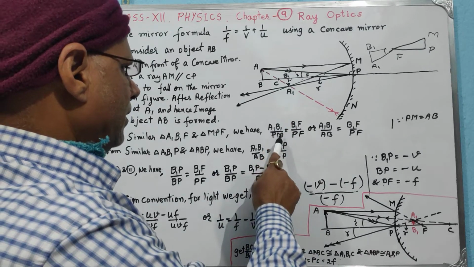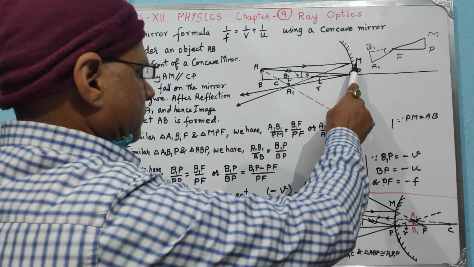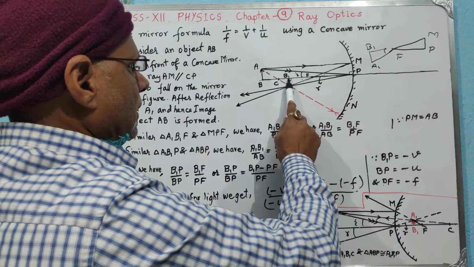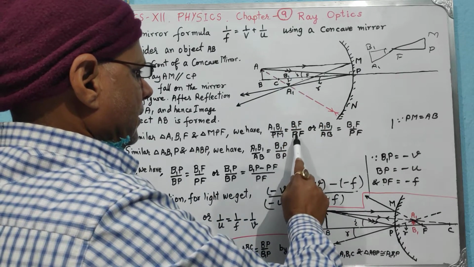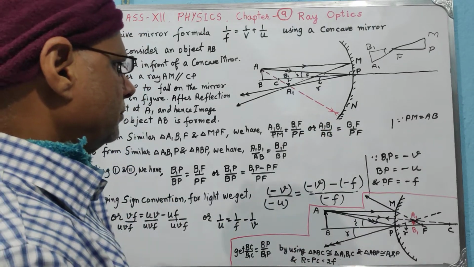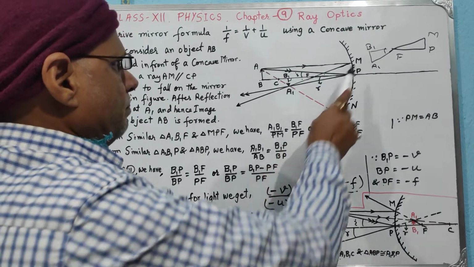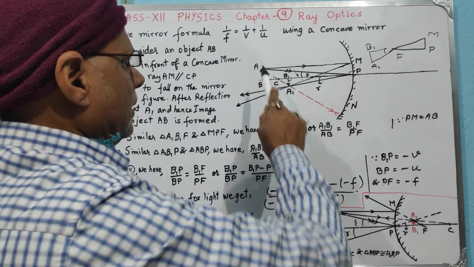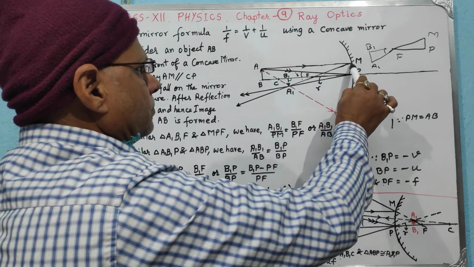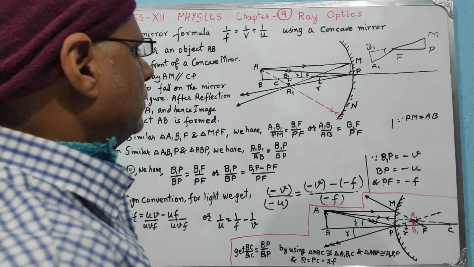Therefore we have A1B1 by PM is equal to B1F divided by PF. And as we see, PM is exactly equal to AB, because AM is parallel to the principal axis.